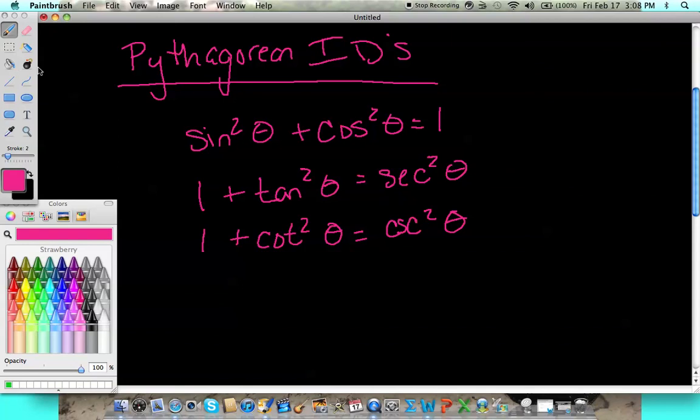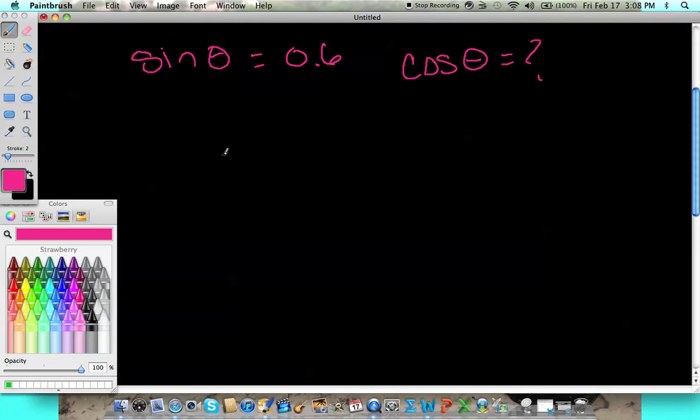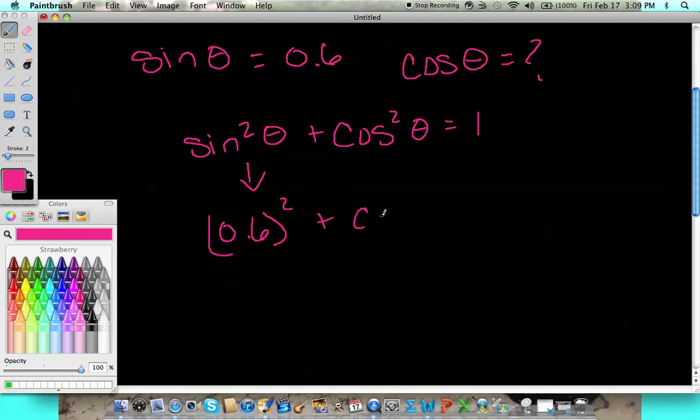So how do I use these? Well, if I'm told in a problem, let's say that the sine of theta equals 0.6, and maybe I don't want to draw a triangle or anything like that, and I'm being asked, well, what's the cosine of that theta? Well, I can use this formula and plug in to solve, just like I would any other problem.